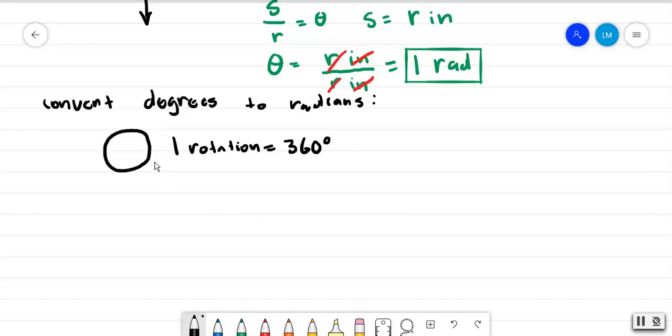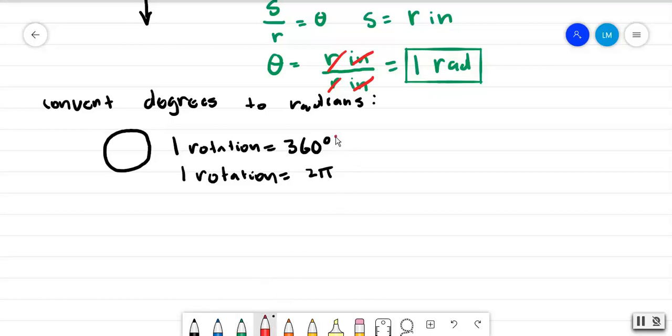But remember how I was saying that we're looking at the arc length or the measure of the curve. In that case, that tells us that one rotation is equal to 2 pi. Let's be a little more precise on this.